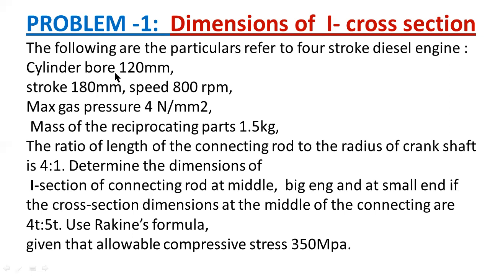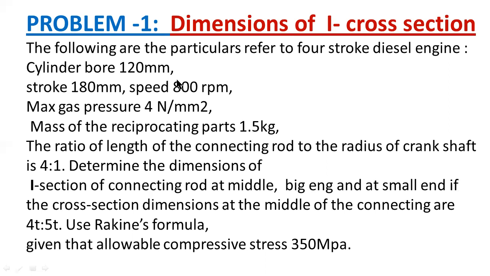Here the bore means the internal diameter of the cylinder hole. So cylinder bore equal to 120 mm. I consider this one as capital D, the diameter of the bore, and stroke length, that is LS. LS is the stroke length of the piston, that is 180 mm.